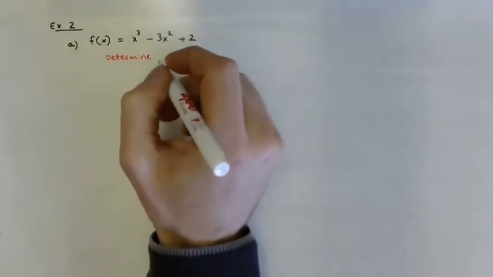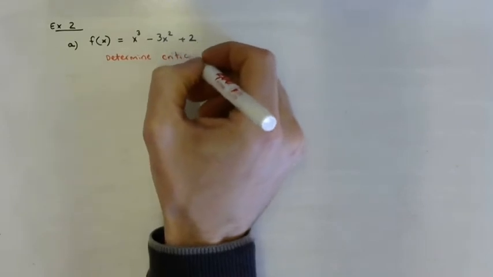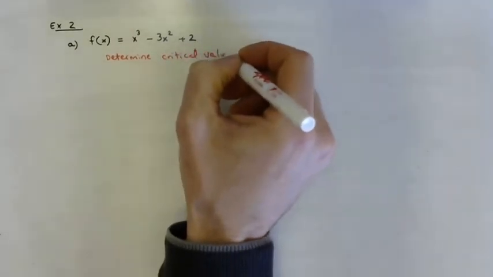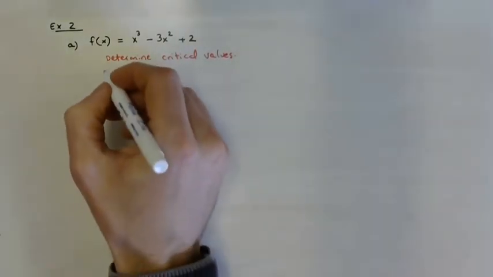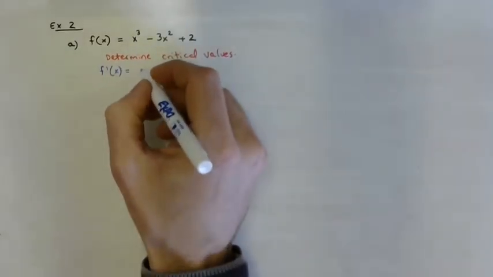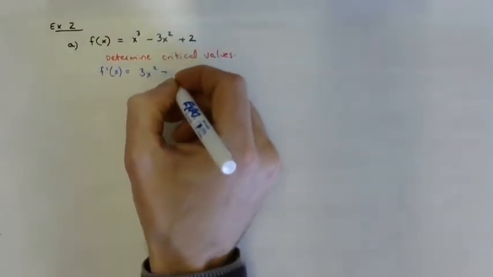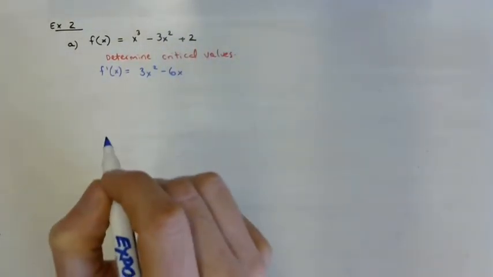Step 1, determine critical values. We determine critical values by taking f prime, the first derivative, which is 3x squared minus 6x, set it equal to 0, and solve.